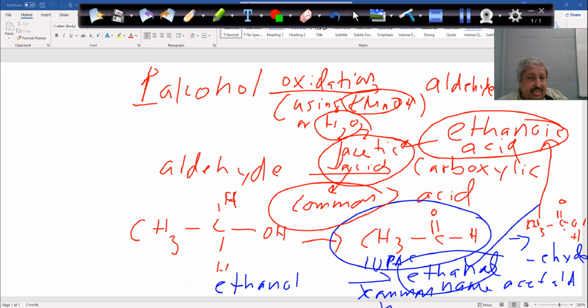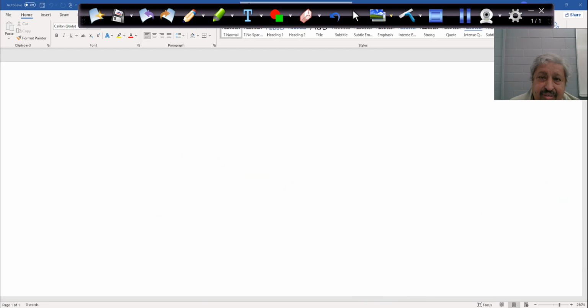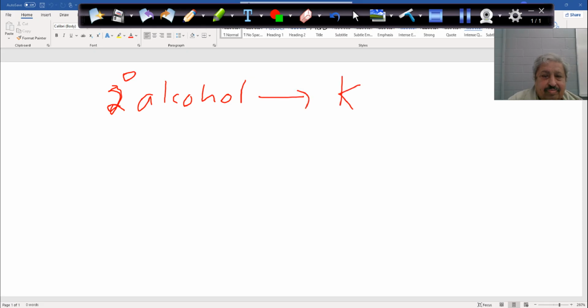So that's a primary alcohol. So primary alcohol can go all the way to what? Through aldehyde to what? To carboxylic acid. However, the secondary alcohol here, now we have secondary alcohol. Now the secondary alcohol, that's a problem here. You get a ketone.